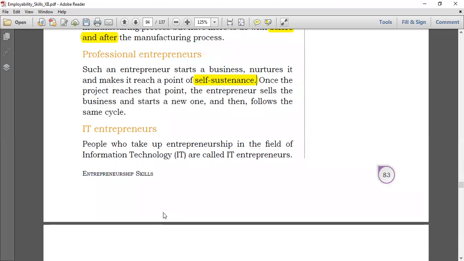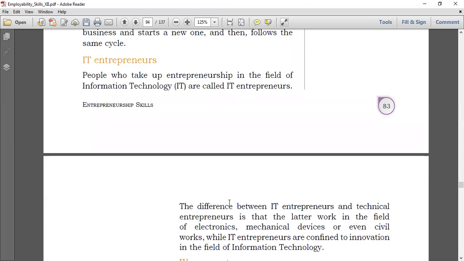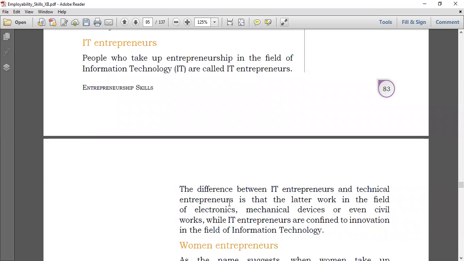IT entrepreneurs, because IT is now a part of each and every industry, right? IT means information technology, part of each and every industry. Whatever industry you talk about, whatever entrepreneurship you talk about, IT is a part of it. So we need a person who could help enhance the technology for giving better output, better productivity, right?